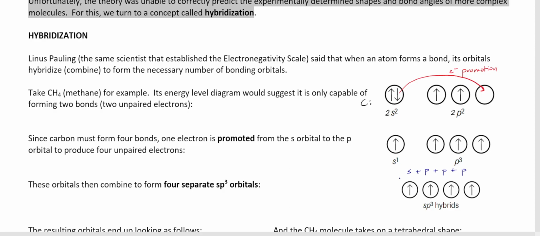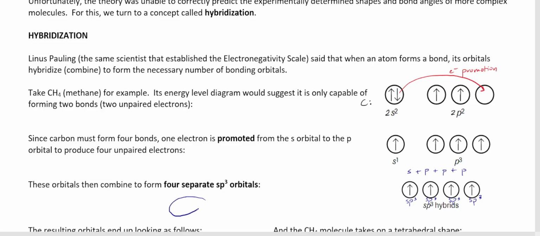This makes sp3 hybrids, so each of these atomic orbitals becomes an sp3 hybrid. It's not that this is an s and these are p's. Each of these is an sp3, and there are four of them. They all combine and make sp3 hybrids. They look like this.